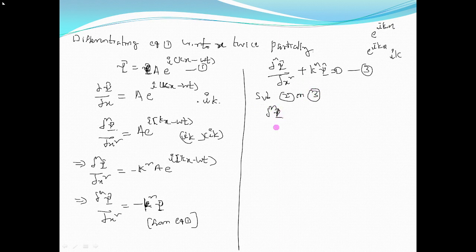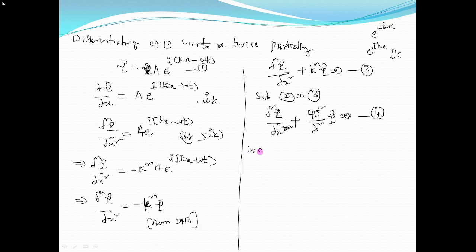We'll get dou square psi by dou x square plus, what is k? 2 pi by lambda. So, k square will be 4 pi square by lambda square, psi is equal to 0. Dou square psi by dou x square plus 4 pi square by lambda square psi is equal to 0. This is equation number 4.